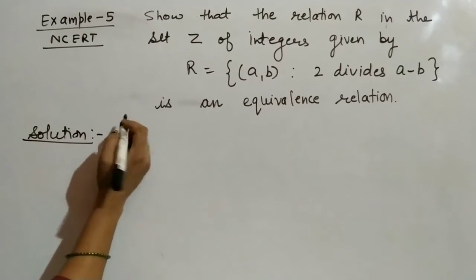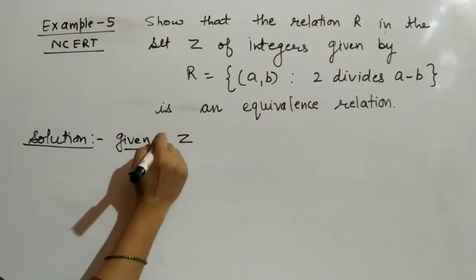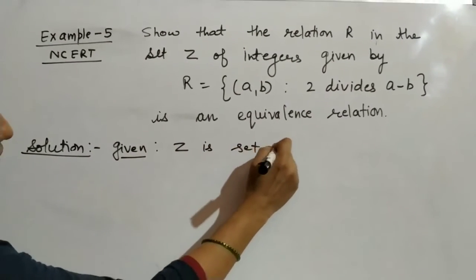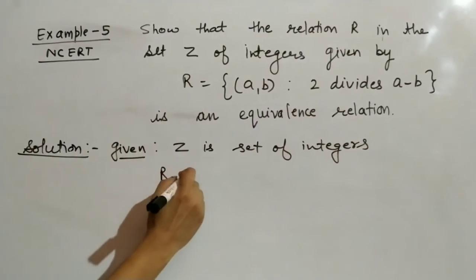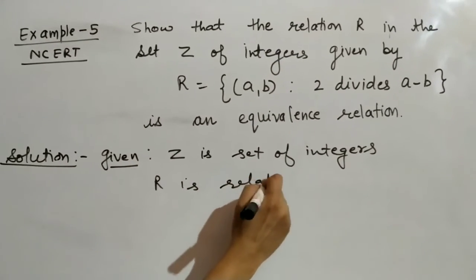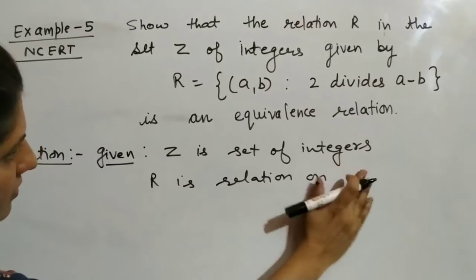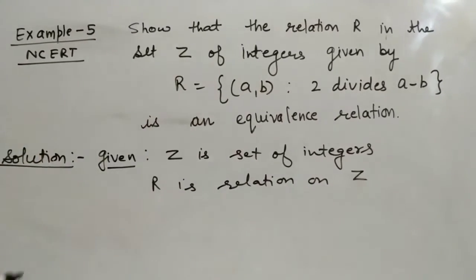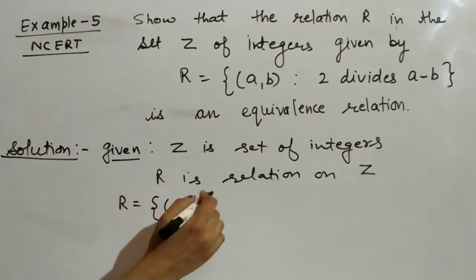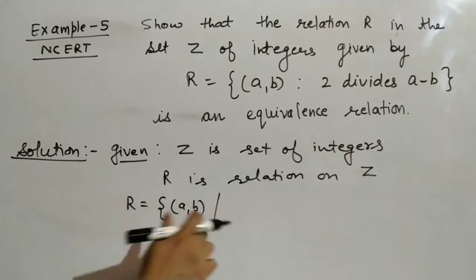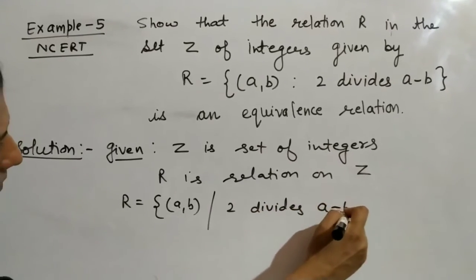So let's start. We have given Z is set of integers, R is a relation on the set of integers which is equal to Z, and R is given by set of ordered pairs of the form a comma b, where 2 divides a minus b.